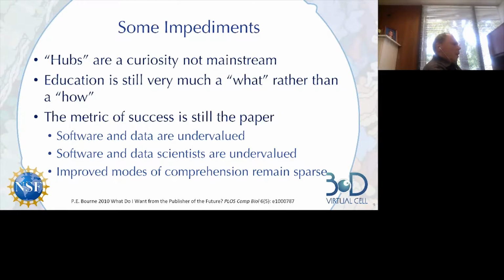Again, just to emphasize the point, the idea that software and data are undoubtedly undervalued. As a result, data scientists and software scientists are undervalued within the current scheme of things, particularly within academia. And improved models of comprehension remain sparse beyond the paper.